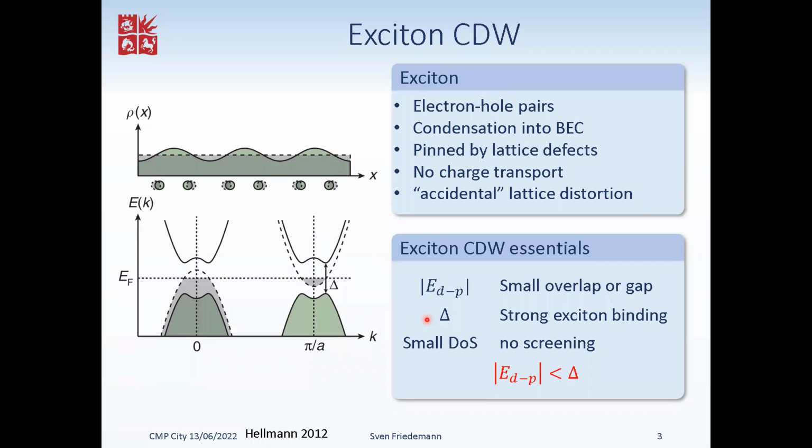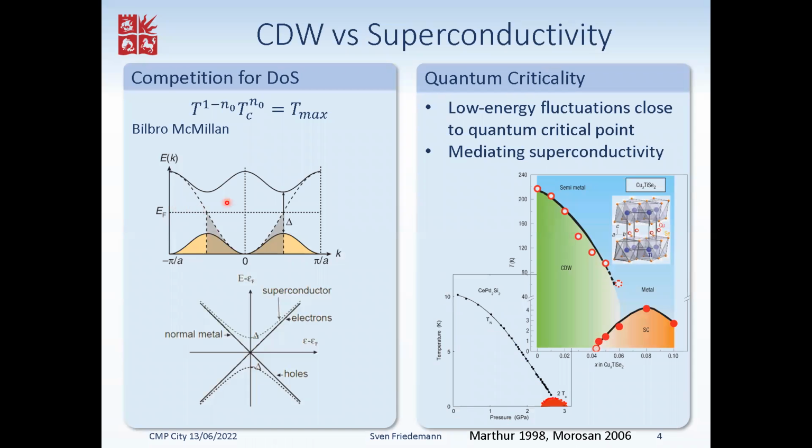In both cases, one can imagine that there might be interactions between charge density waves and superconductivity, and the classical picture is that one has a competition for density of states. This was formulated very early on by Bilbro and McMillan, for instance. The rationale being that both states require the condensation of electronic states, and hence they gap out electronic states, and hence they are competing for the same electronic states at the Fermi level to form either order.